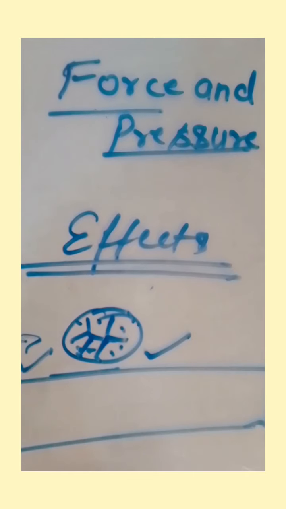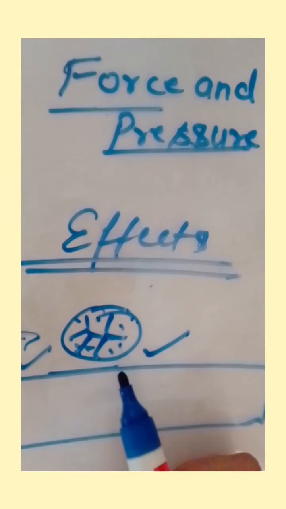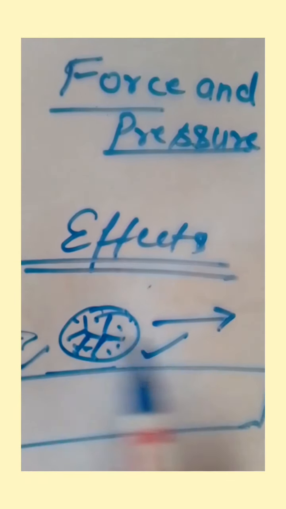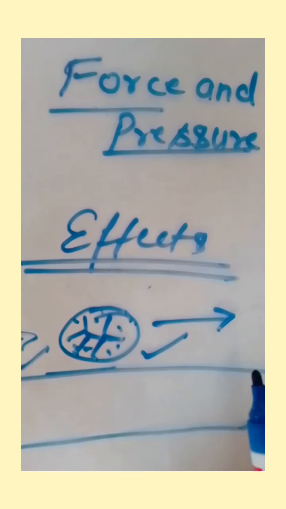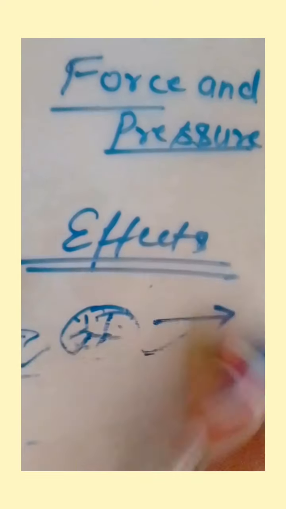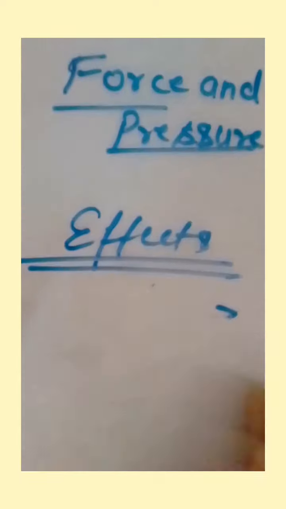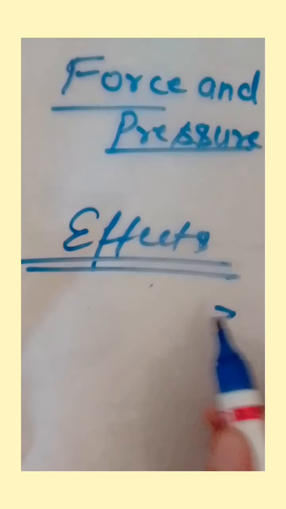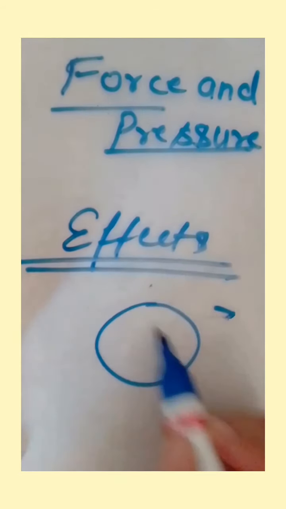So we can conclude from this activity, when we apply force in the direction of the motion, the speed of the object will also increase. Right? So, a simple activity you can perform by rolling a ball on the ground also and push it gently in the direction of its motion.